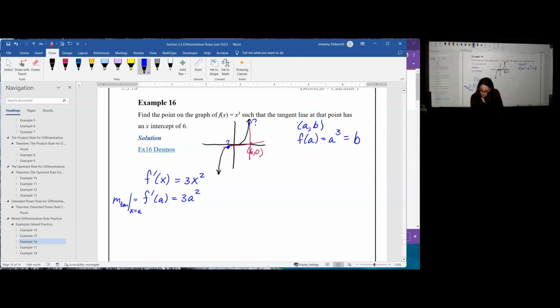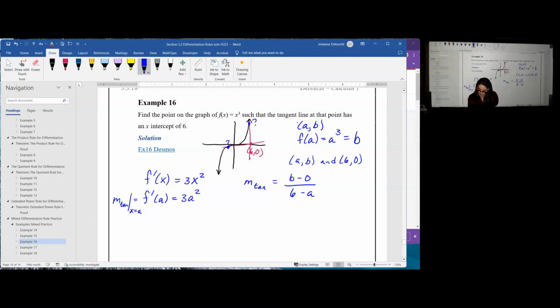So let's compute the slope of the tangent line using the slope of the line. This is going to be, with my 2 ordered pairs (a, b) and (6, 0), b minus 0, y2 minus y1, over 6 minus a, x2 minus x1.